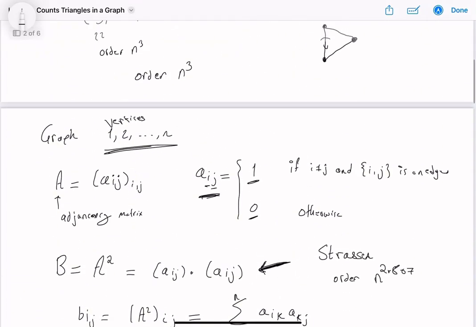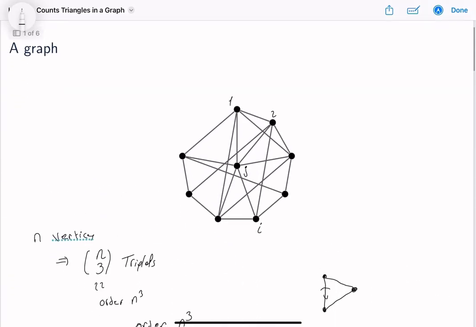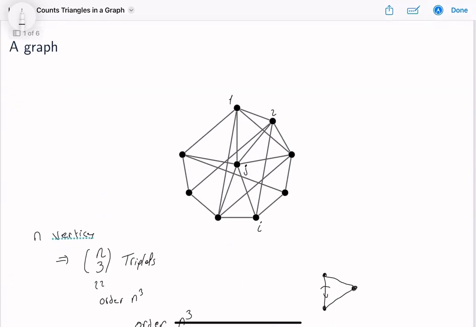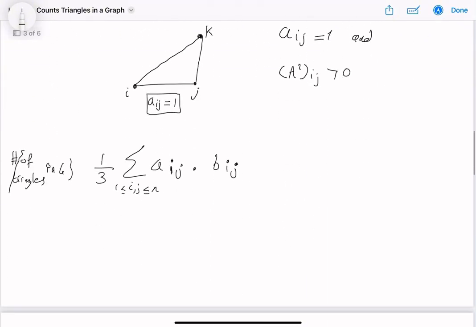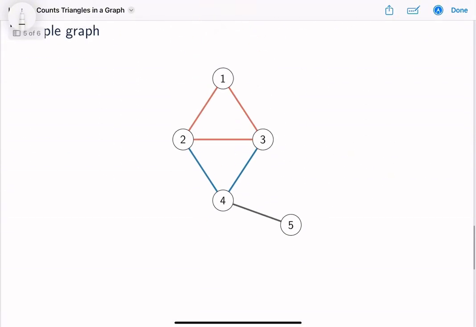And of course, there's no reason to stop at triangles. Of course, you can do it for polygons in general. Okay, so before we wrap up this video, let's quickly look at an example.